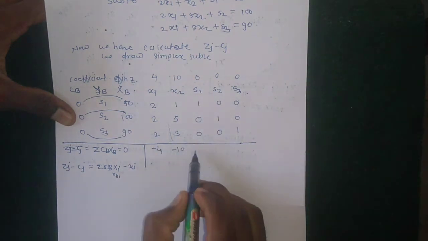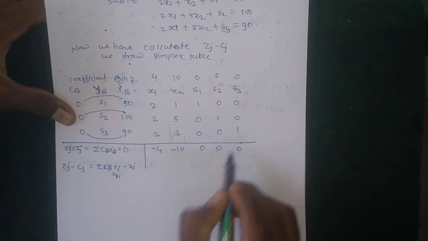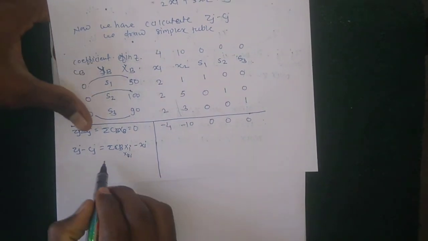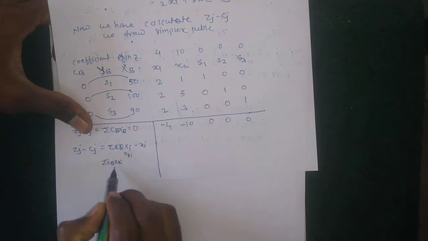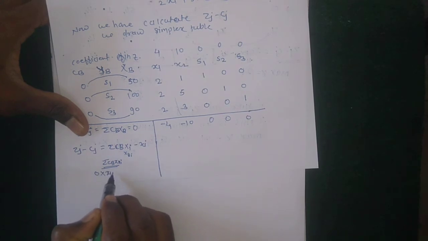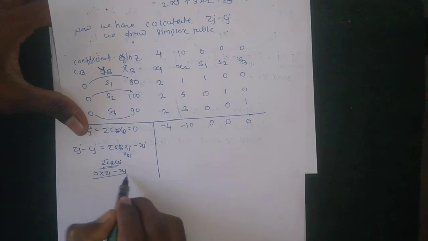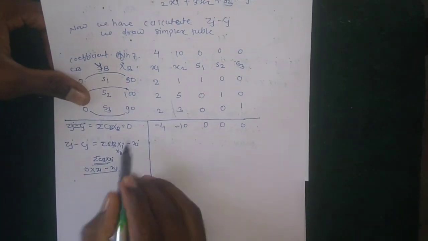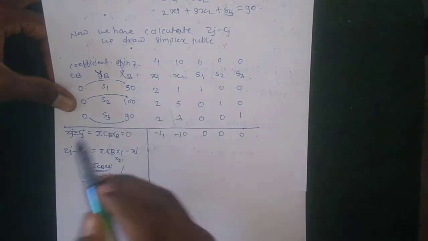Then for the slack variables, 0 minus 0 is 0, because their coefficient is 0. In this way, for s1 we take 0 into the column, and similarly for the others.